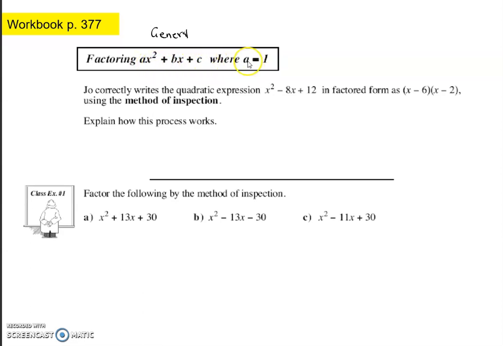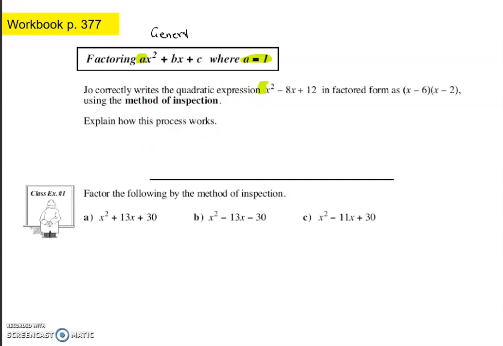Right now we're focusing only on when the leading term is a positive 1, meaning you won't really see a leading term, because whenever there's no term in front, it means there's a 1.